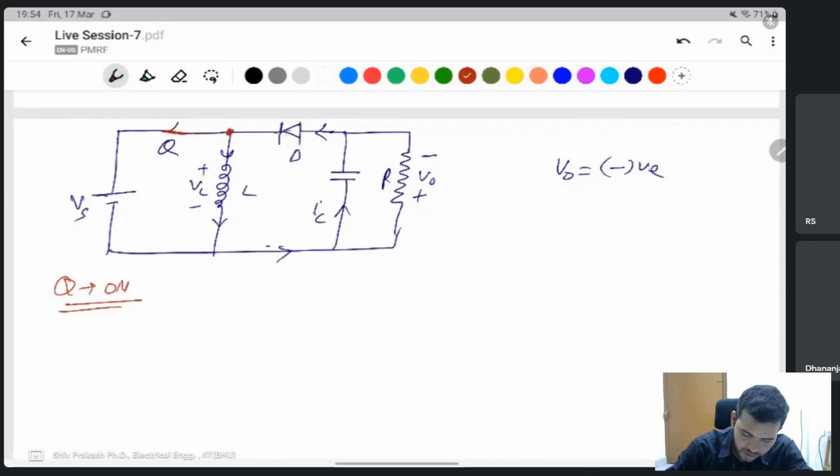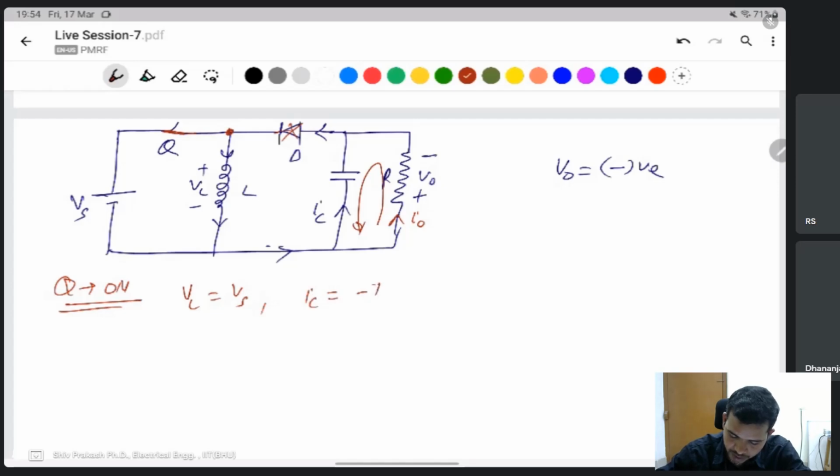This one is reverse biased, Vs directed as Vs, and this one is taken as output because of this positive and negative. Then the IC current flows like this, negative of I naught, which is minus I naught, as the output.